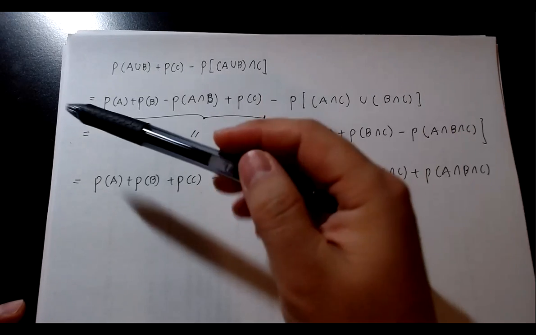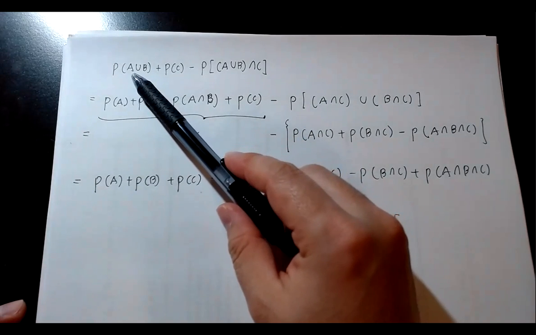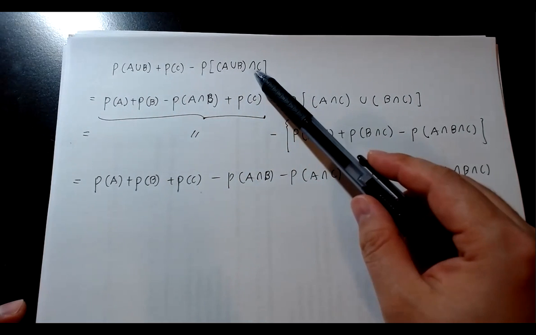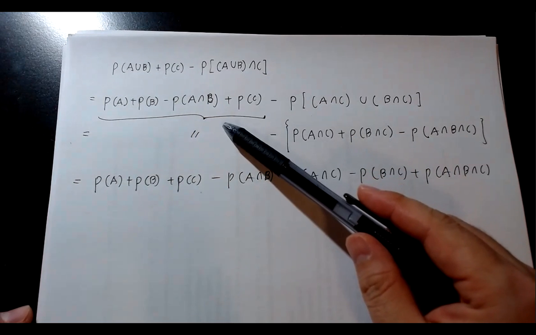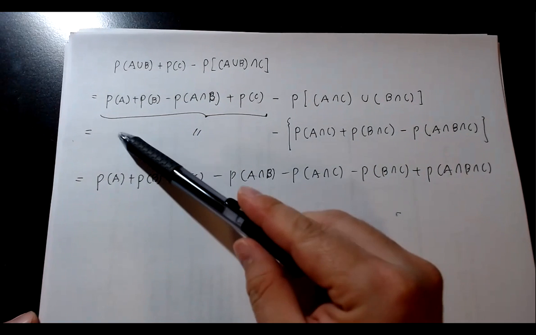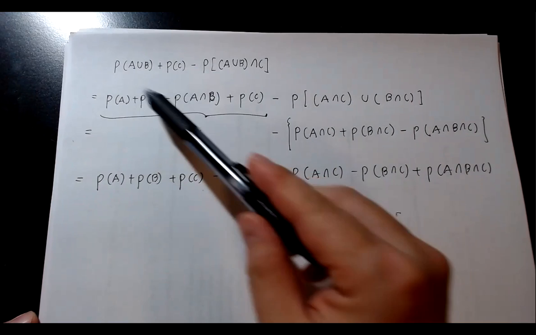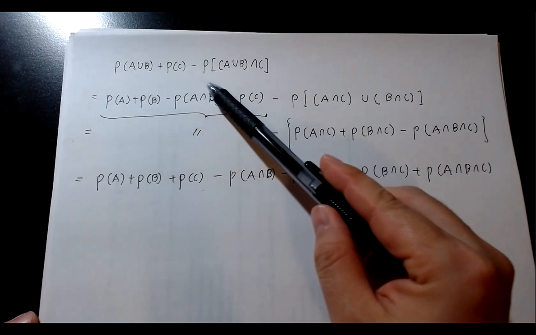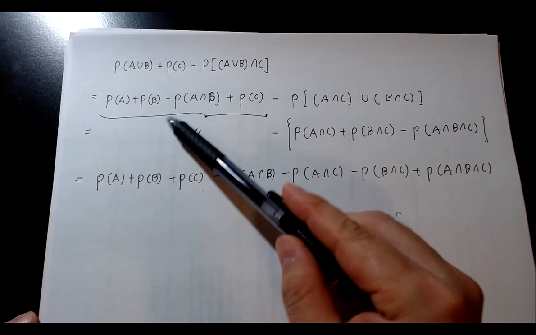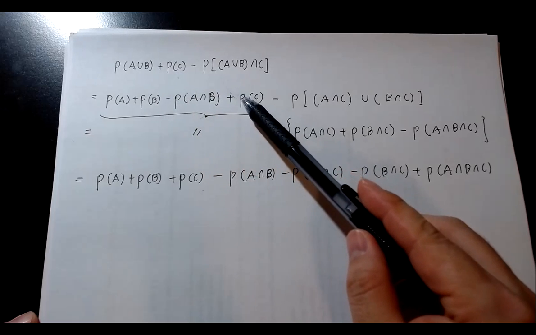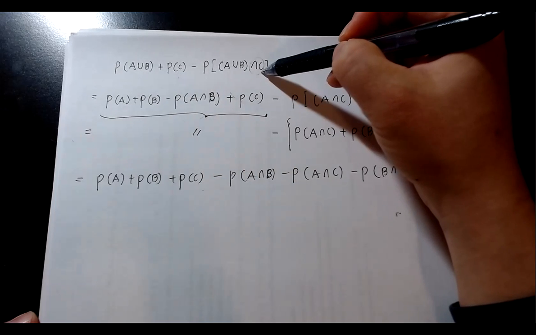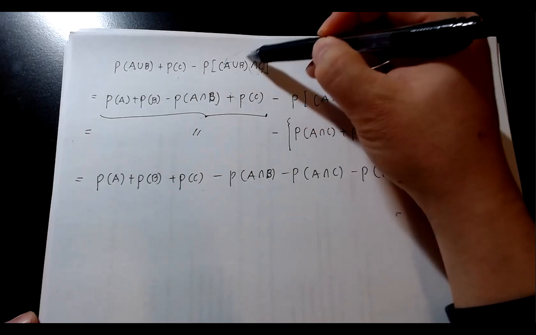So you see the P of A union B plus P of C minus P of (A union B) intersection C. That is equal to, applying the addition rule, P of A union B becomes P of A plus P of B minus P of A intersection B, and then we copy P of C right here. And then we can distribute the intersection C into A and B.